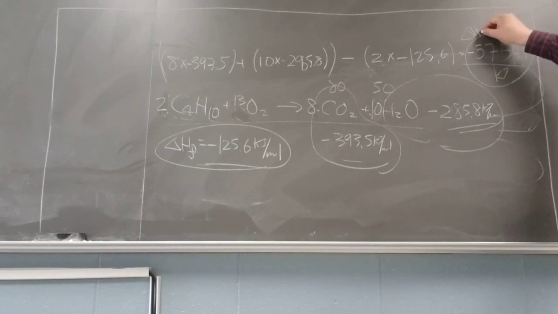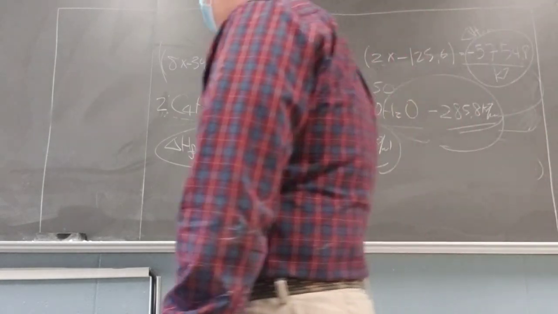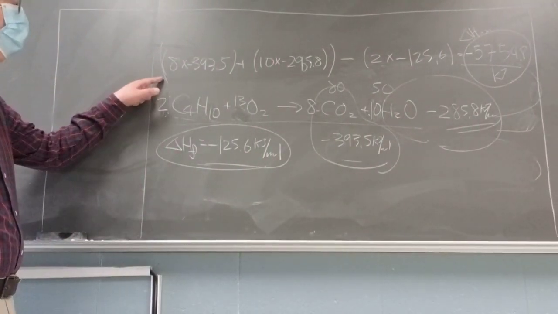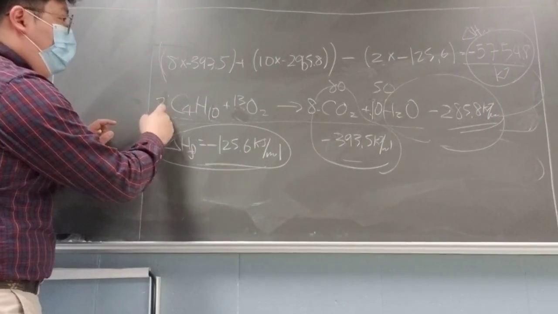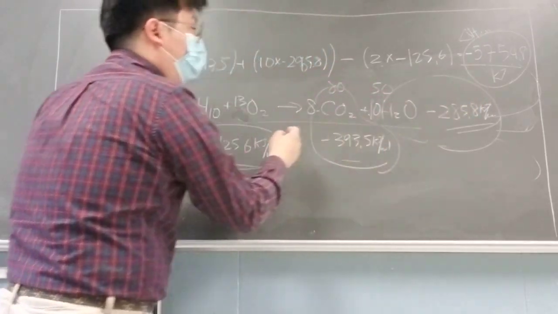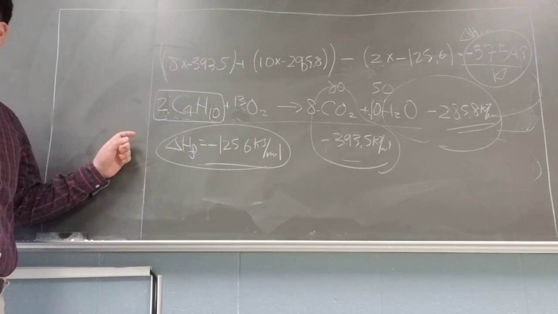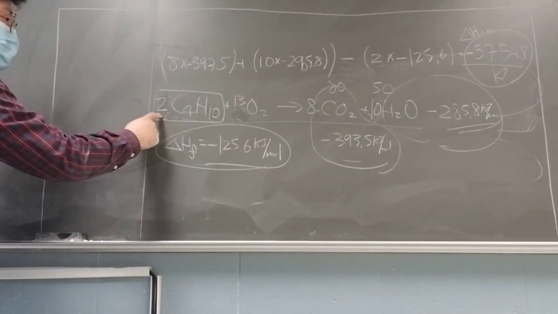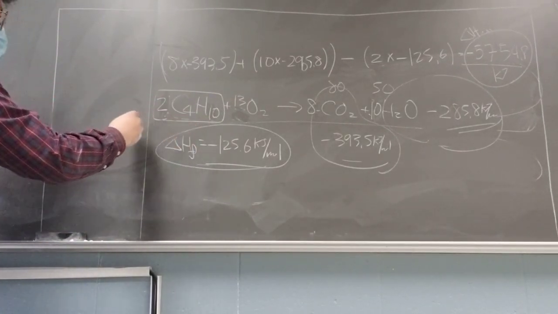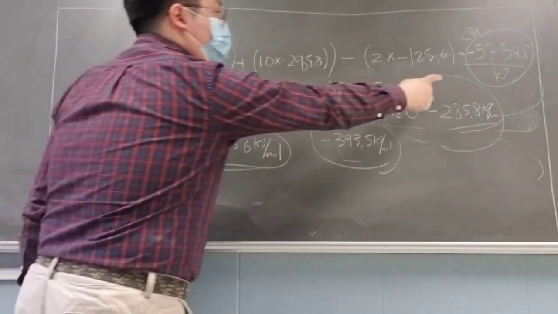But this is kind of tricky, because if you look at this one over here, this amount of energy is coming from what? 2 butane. So for butane combustion, the enthalpy change will be half of this one.